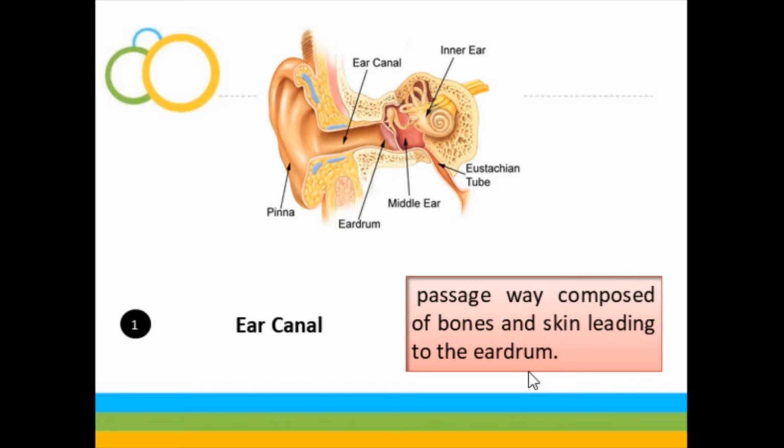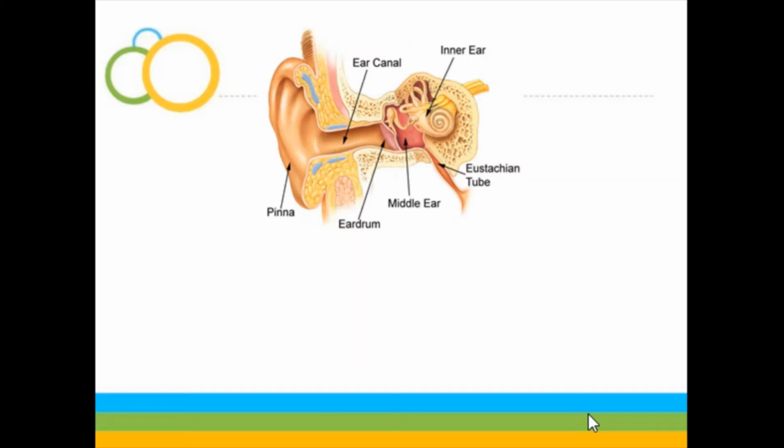It is where the sound waves or the auditory waves pass before they reach our inner ear. Alright, what is this? Okay, very good. It's the ear canal. Can you say it again? Ear canal. Very good.